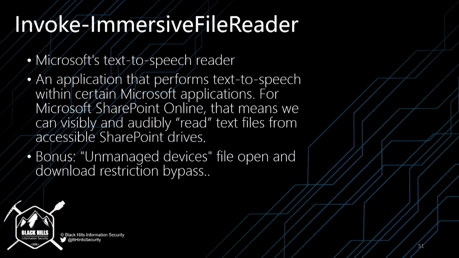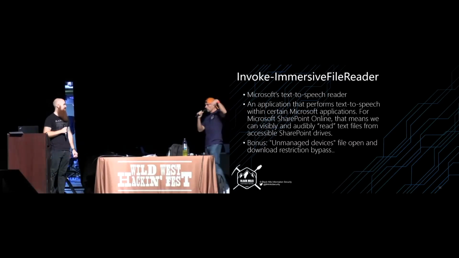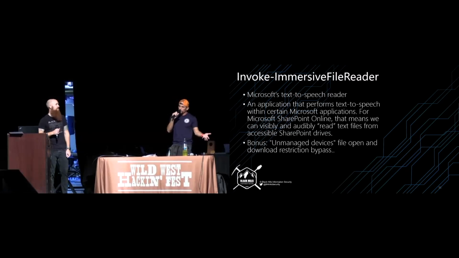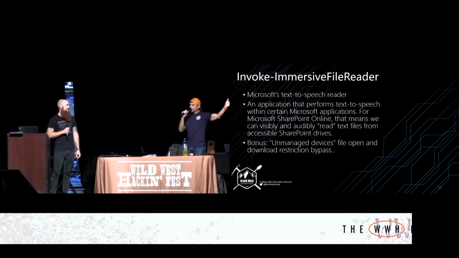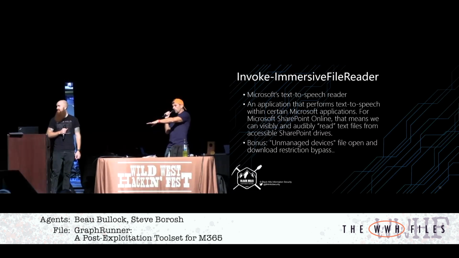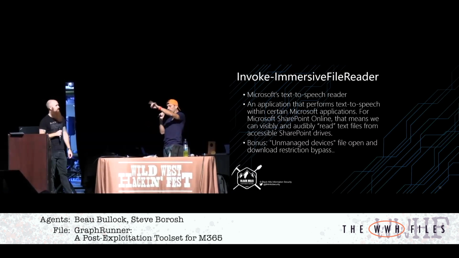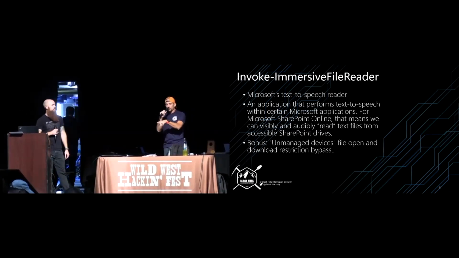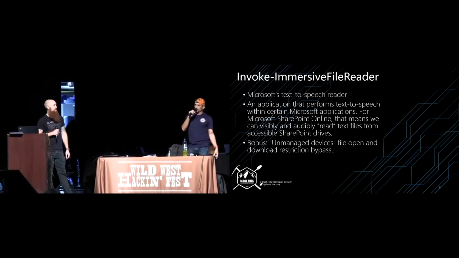So if you go on SharePoint and you find a text file, you can hover over it and click on it. Let's say you're on an unmanaged device like my VM at home, and I have Firefox running when all they want to do is run Edge in their environment. I can search for the files that I want to open on SharePoint previously, grab the file ID and the drive ID, feed that to Immersive File Reader, and what it does, it's actually the text-to-speech API.